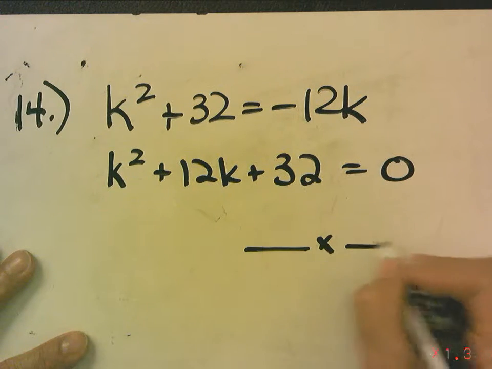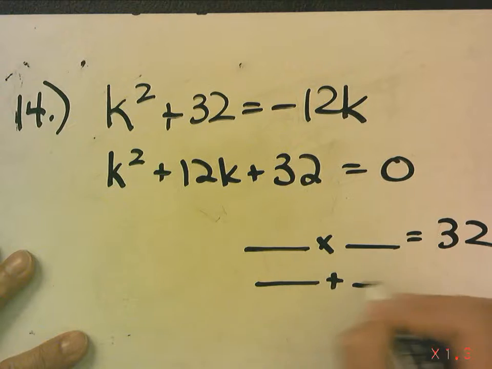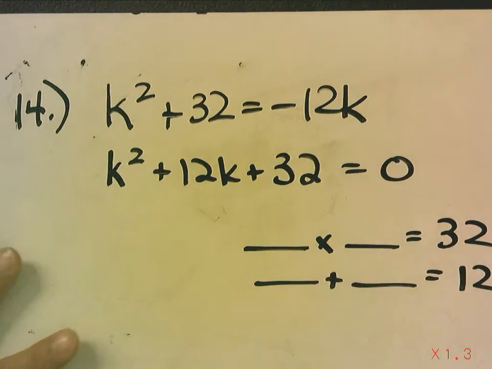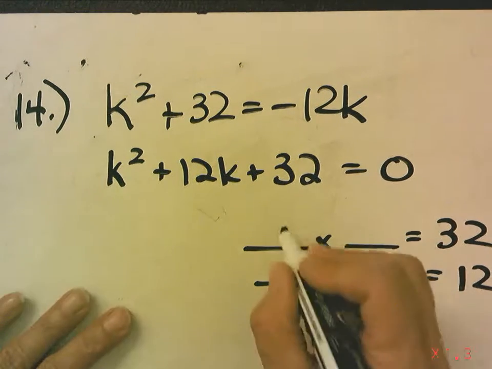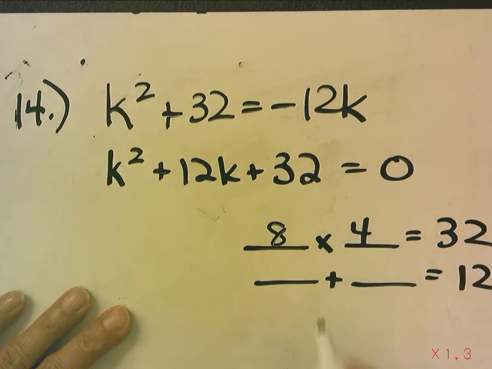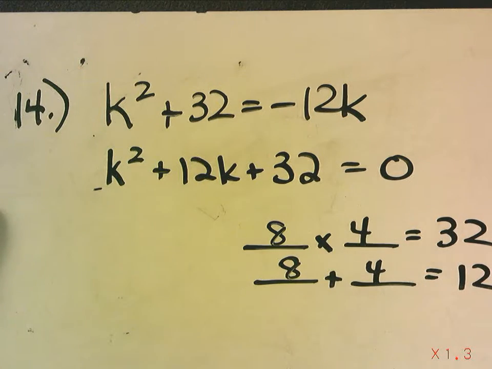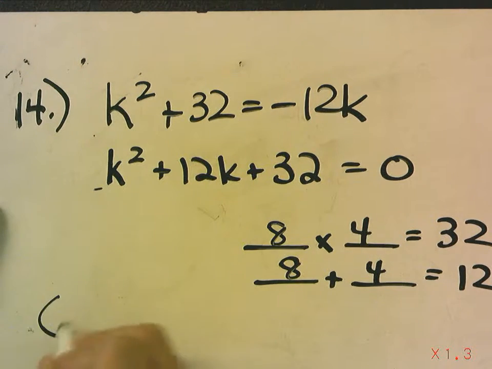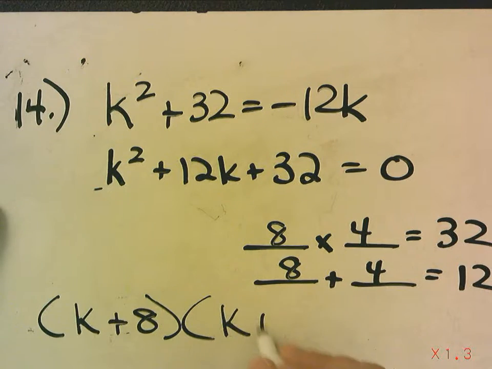Now I'm looking for 2 numbers that when multiplied equal 32, but when added, add up to 12. So what comes to mind is 8 and 4, because 8 times 4 is 32, 8 plus 4 is 12. So since this leading coefficient is a 1, I can take a shortcut and just say k plus 8 times k plus 4 equals 0.